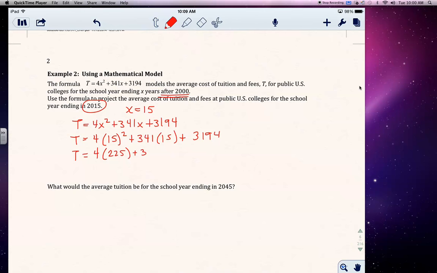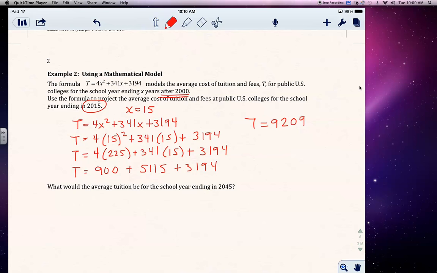And then drop the rest of the problem down. And I do my multiplication next. So 4 times 225 gives me 900, plus 341 times 15, I get 5,115, plus 3,194. So now I'm going to add those numbers together, and I get 900 plus 5,115 plus 3,194, which is 9,209.